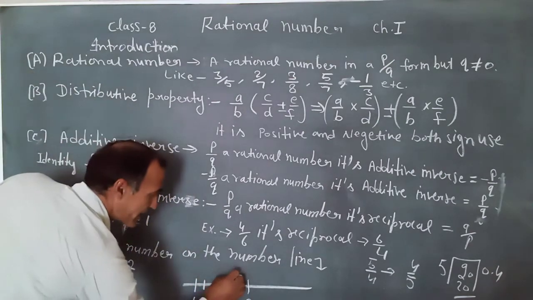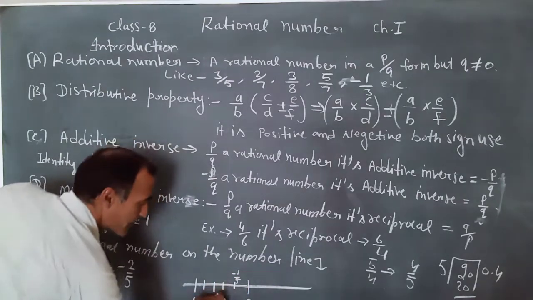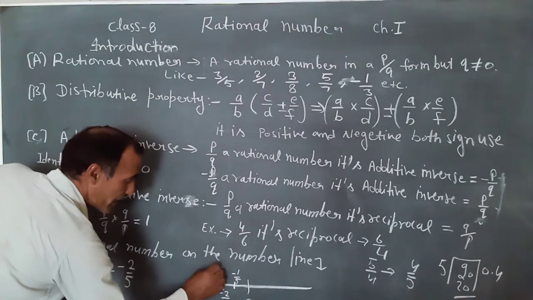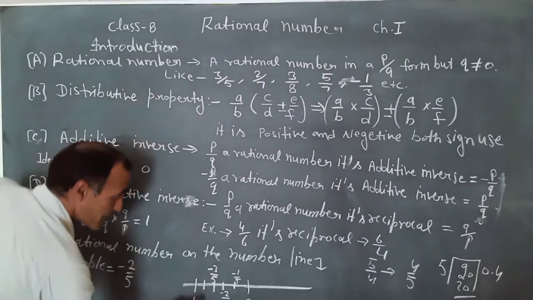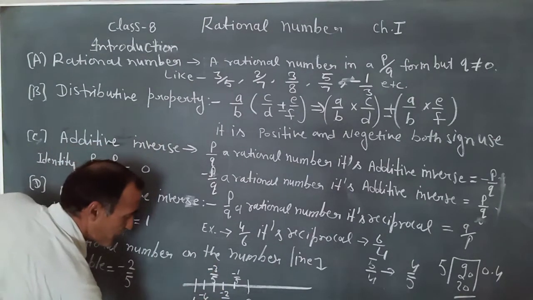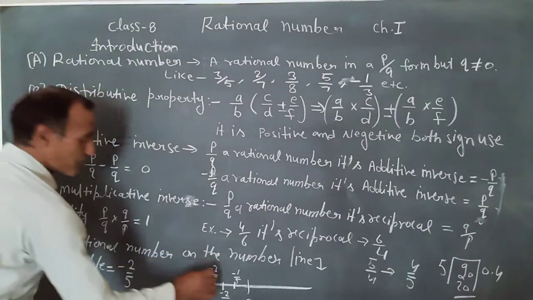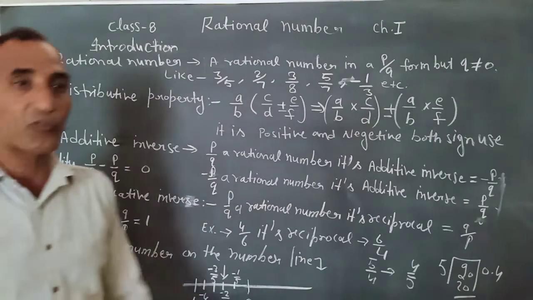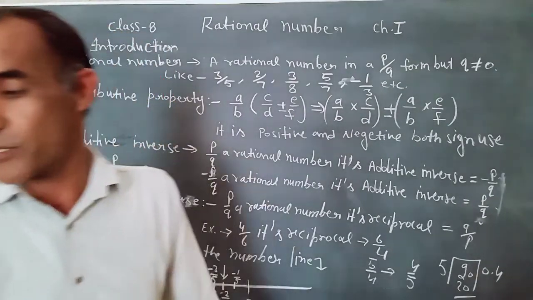So here is minus 1 upon 5, this is minus 2 upon 5, this is minus 3 upon 5, this is minus 4 upon 5. So our number is minus 2 upon 5. Similarly, you do other examples.